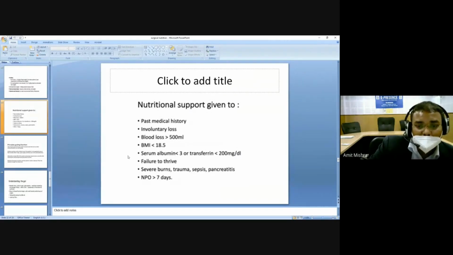Also in severe burns, trauma, sepsis, pancreatitis, chronic medical illnesses, or conditions with a severe catabolic phase, or if the patient is NPO for 7 days, in large bowel surgeries and major GI surgeries. So these are the categories of patients or medical conditions where we have to provide nutritional support.